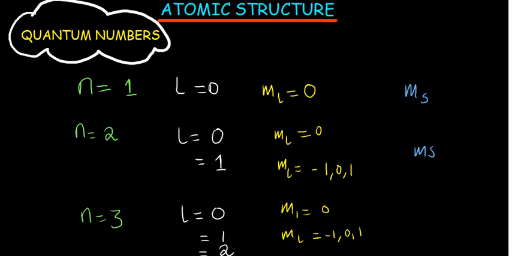And for L equal to 2, ML is going to be between negative 2 and positive 2, so that will be negative 2, negative 1, 0, 1, and 2. We don't also know the electron spin. The electron spin will be determined by the electrons.